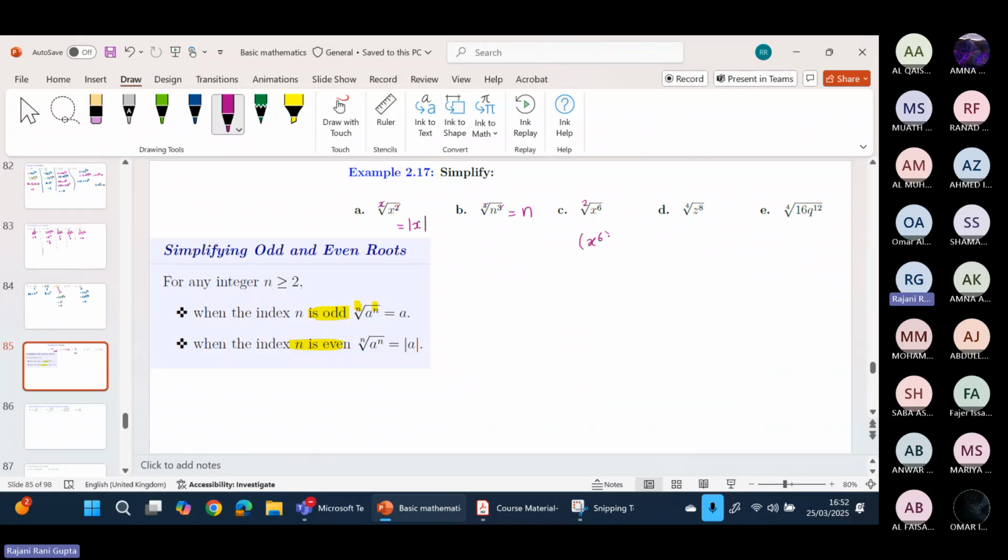So you can write it as x power 6, half. So x power 3. Now since this 2 is even, you will write mod of x power 3. Here also even, so you will write mod of z power 2, like this. Now if you have 16, you can write 4 power 2, and q power 12. So in this question you will get 4 power 2, q power 12 and power 1. Or let me write it in this way.